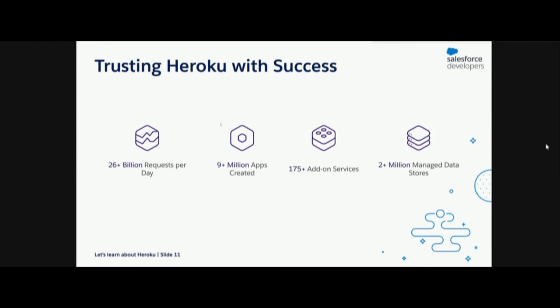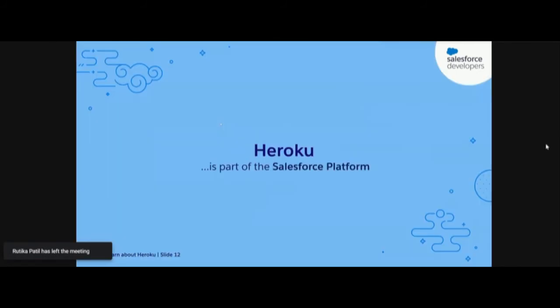And we also host more than 2 million managed data stores, more than 2 million Heroku Postgres, Redis, and Apache Kafka databases on Heroku. But remember, Heroku is part of the Salesforce platform. We are also part of the different solutions that Salesforce offers to you developers.